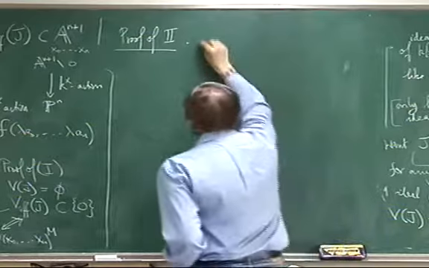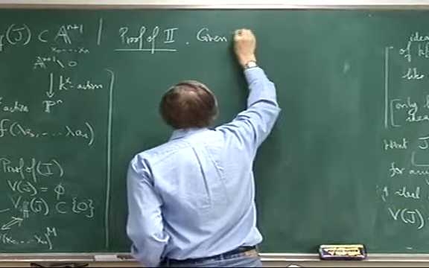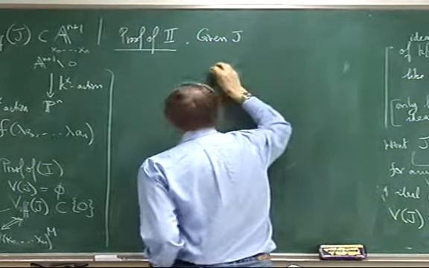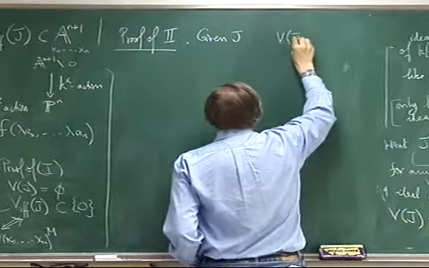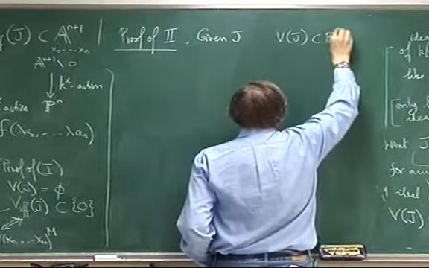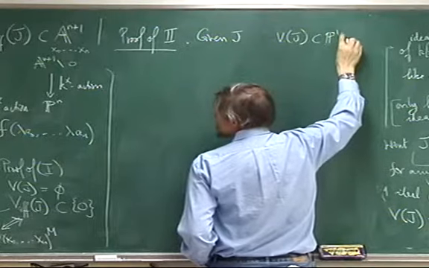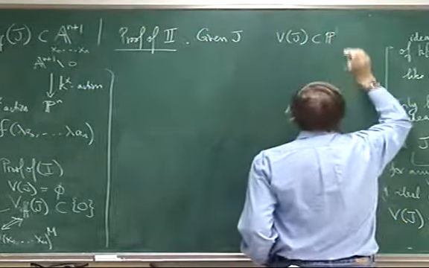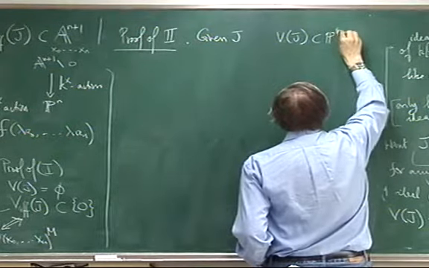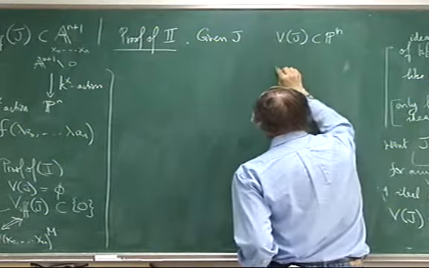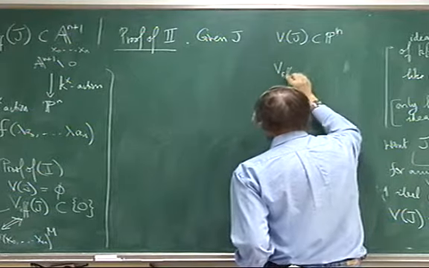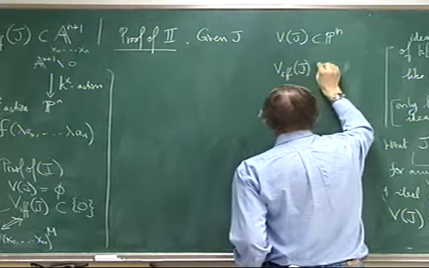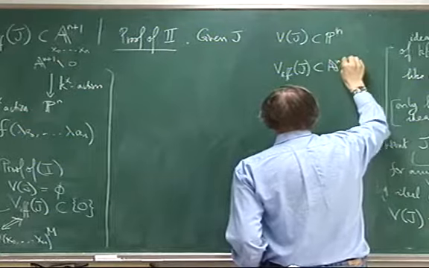So given J, I do V of J in projective space. At the same time I can do V_aff of J, and that's in A^(n+1).